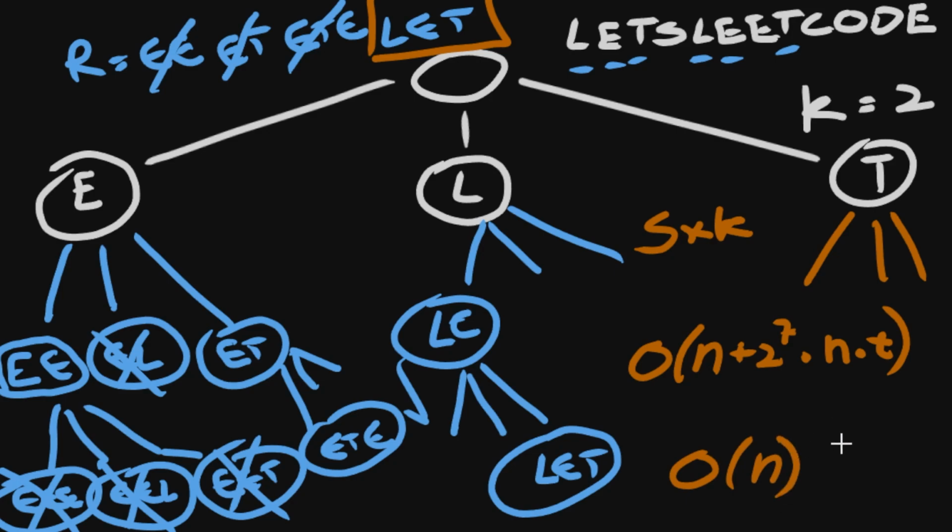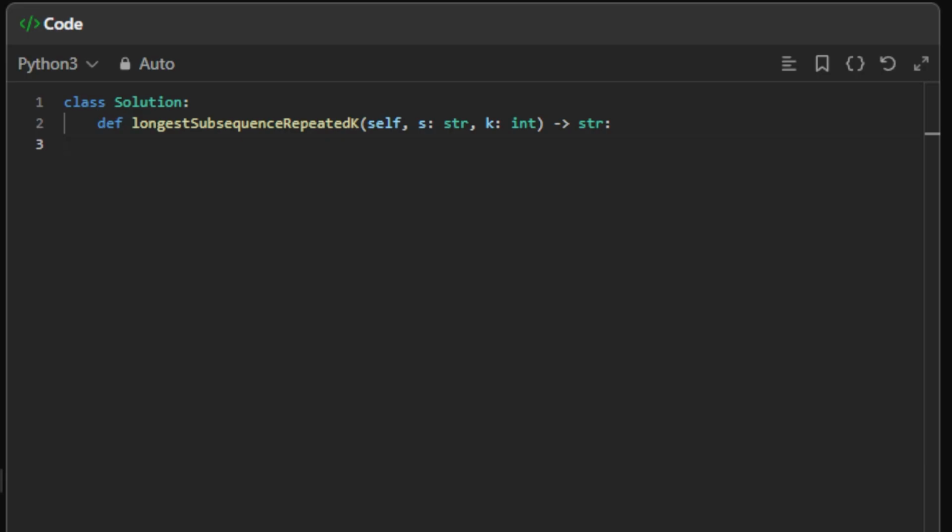So now let's go with the code, and hopefully you will get the idea. First we need to get our candidates, and for this we need to build a frequency map. So map equals default dictionary, and this will take a default value of 0 for every key, so we use the word int. And now for every character in the string, map at the character plus equal 1.